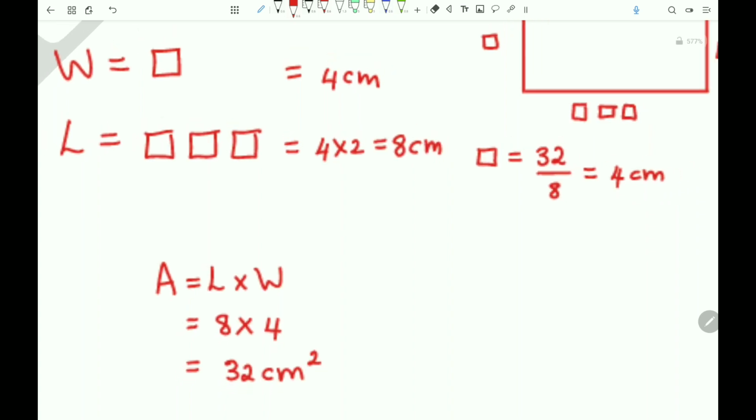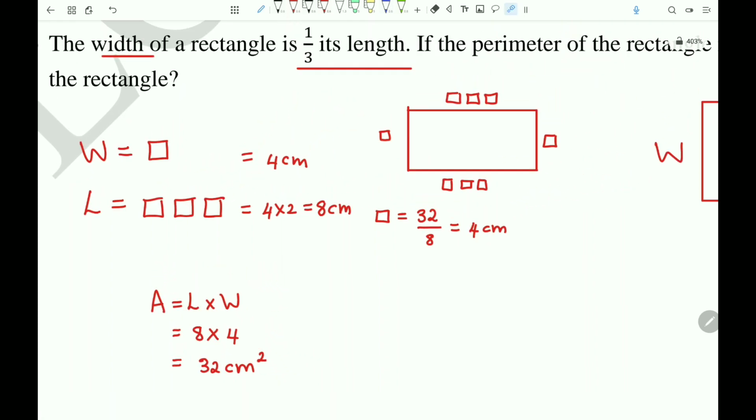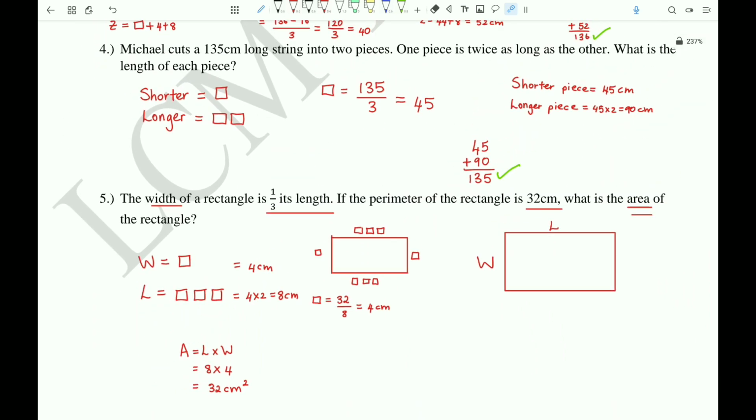Must remember the squared units. Right? So we actually have the same value of perimeter as we do area, but the difference is the units. Units for area would be centimeters squared. And that's the answer for question 5.